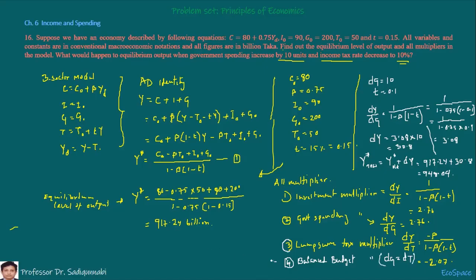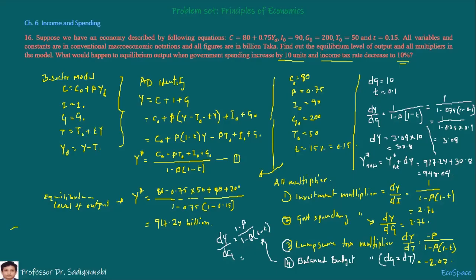So this multiplier dy dg equals (1 minus beta) divided by 1 minus beta times (1 minus t).